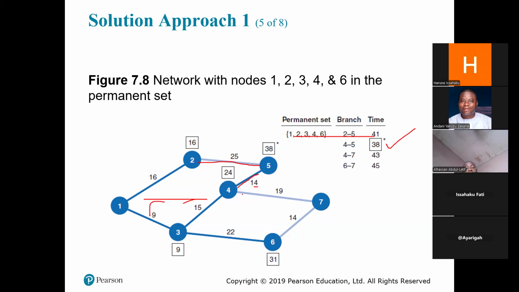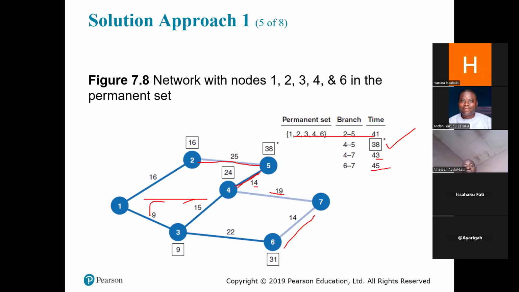The next connection is 4, 7, which will give us 9 plus 15 plus 19, which is 43. And then the last one is 6, 7, which will give us 9 plus 22 plus 14, which is 45. Among them, the least is branch 4, 5.